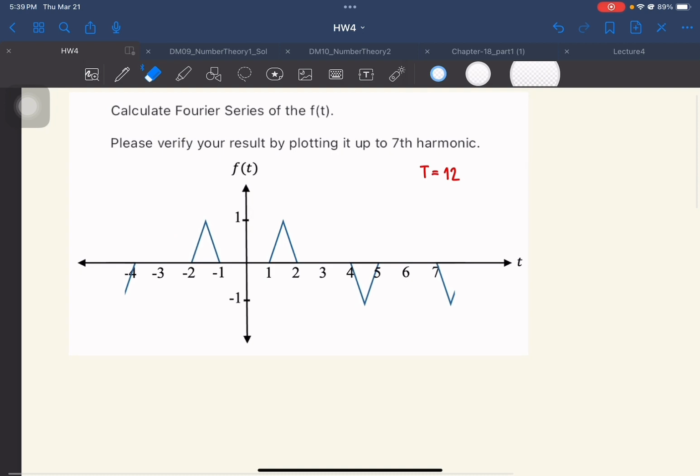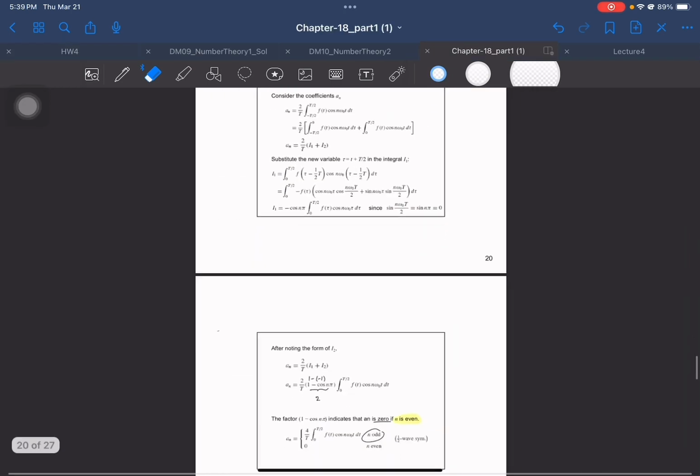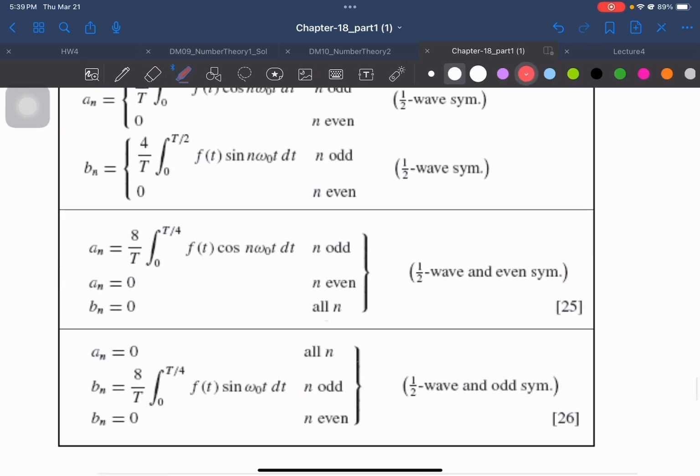When we know that it is an even and half wave function, from the table, half wave and even symmetry, right, is an equal to 0 and bn equal to 0.